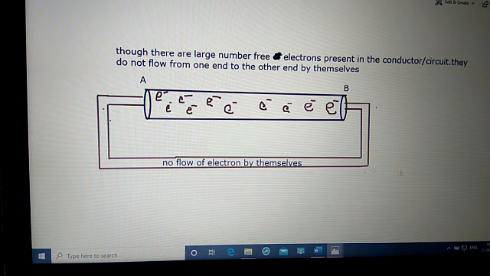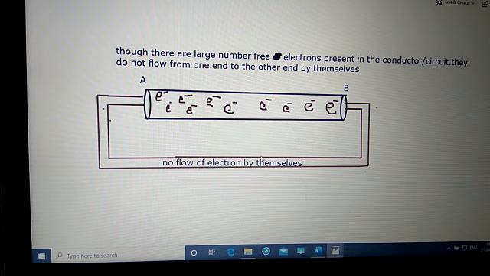This is the picture where the electrons are present in the conductor, but they are not moving. Simply, in a conductor like copper wire or aluminum wire, you will find a large number of free electrons. Actually, they are not moving now.